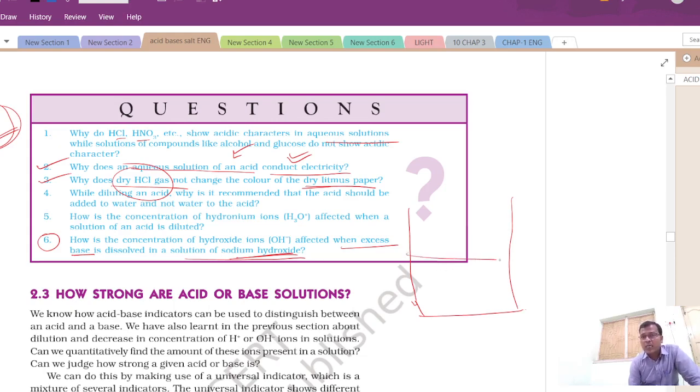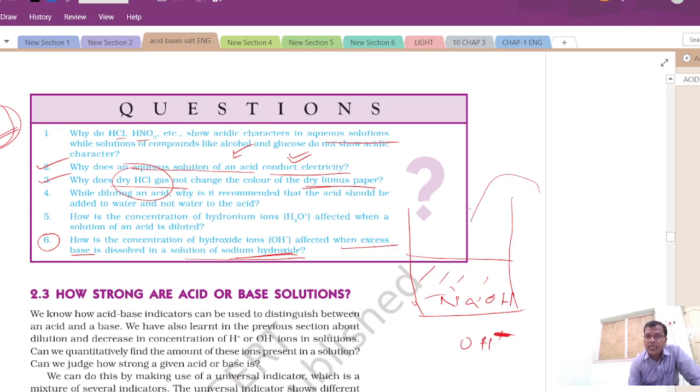Suppose this is a solution of sodium hydroxide. That means in the solution OH- ion is available. That means the solution is basic.